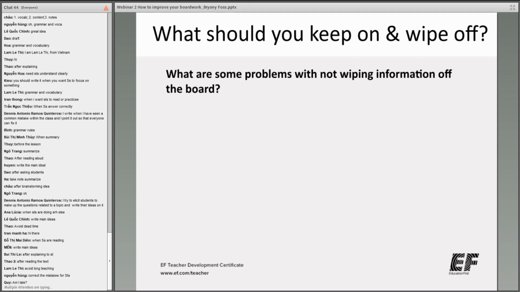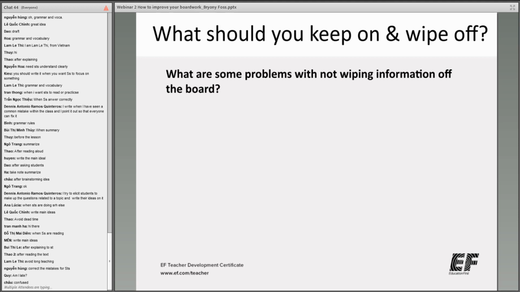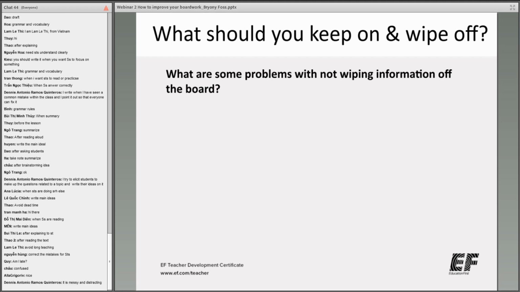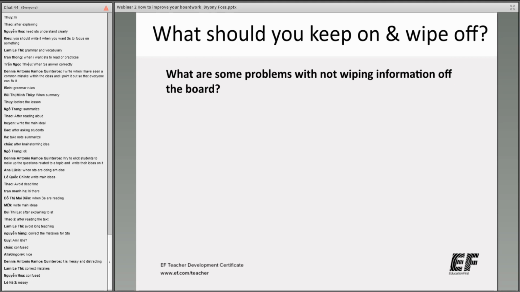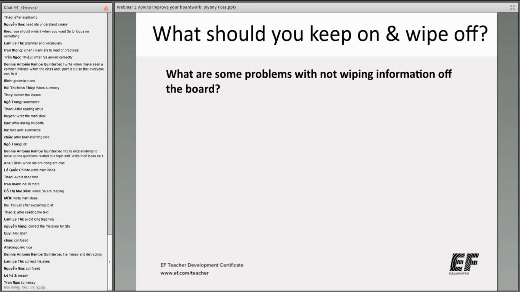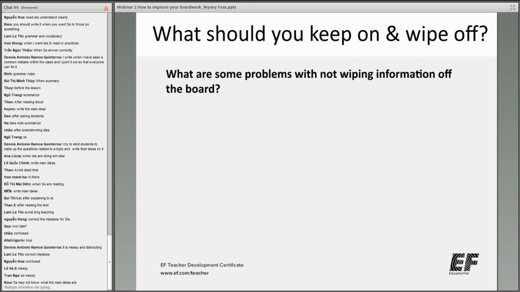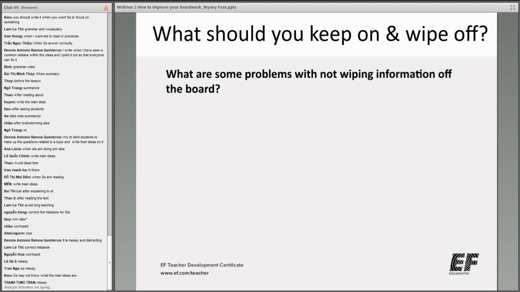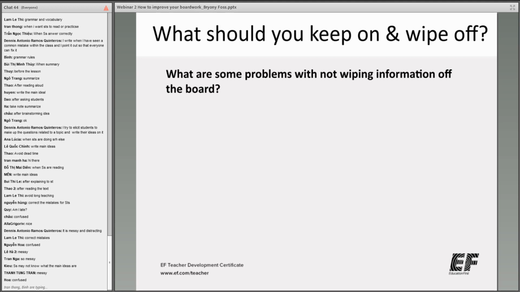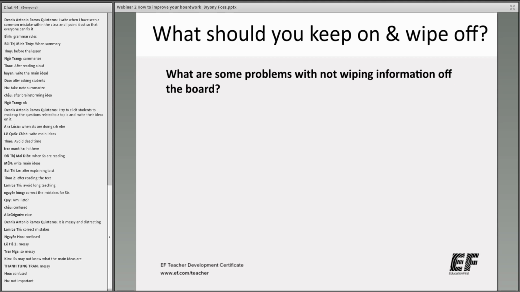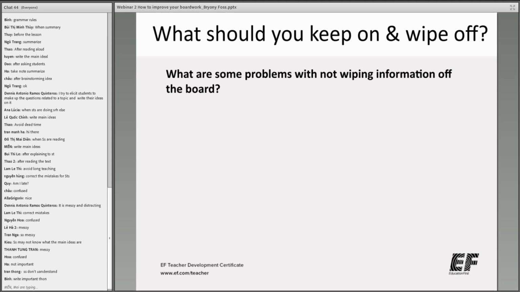How would your board look? Messy and distracting. Good ideas. Confused. Messy again. Good. A lot of the same ideas coming.